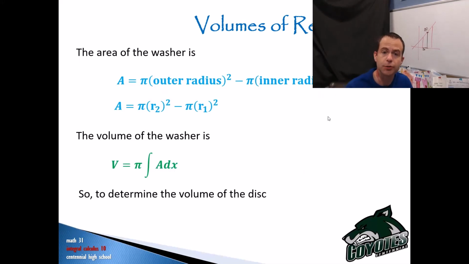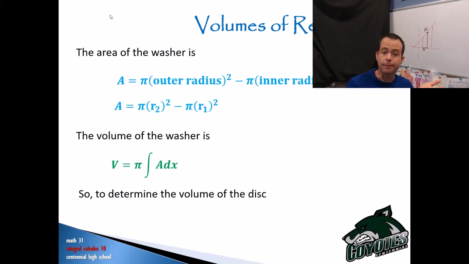The area of the washer would be pi times the outer radius squared minus pi times the inner radius squared, which would mean the full area would be pi times radius subscript 2 squared minus pi times radius subscript 1 squared. We've already talked about the fact that the volume is pi times the integration of the area, right?